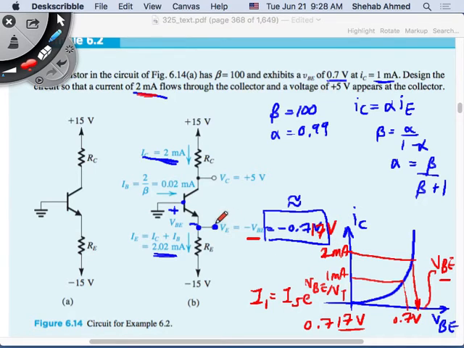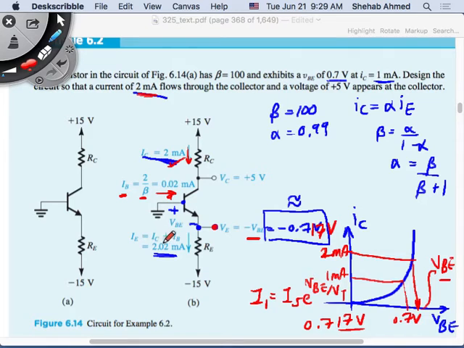So now this voltage here is 0.717 volts less than the base, because now we are sure this is forward biased, right? Again, they give us the 2 milliamps, so we know that. We know that the base current is equal to the collector current divided by beta. So we know the base current here, and we know this voltage.